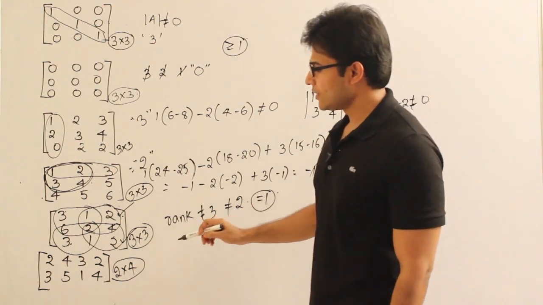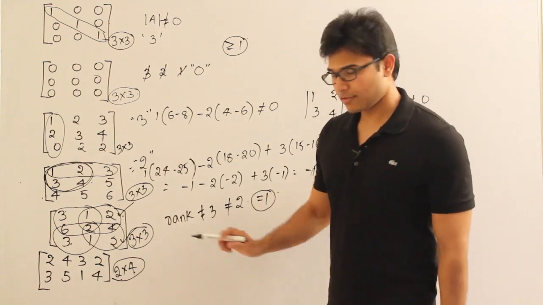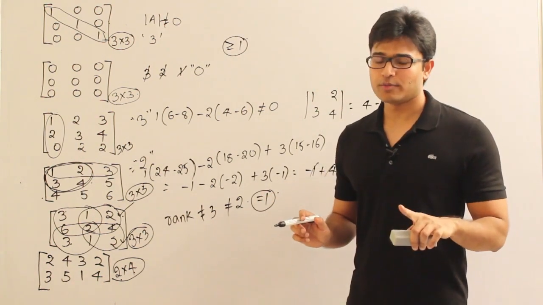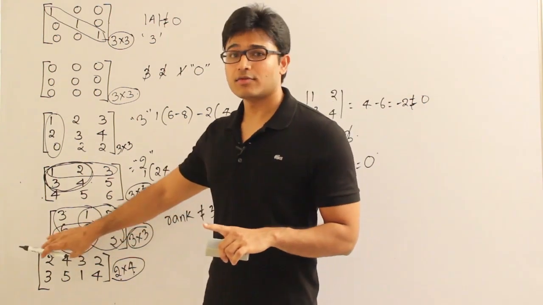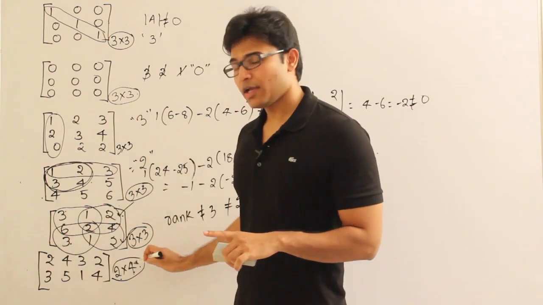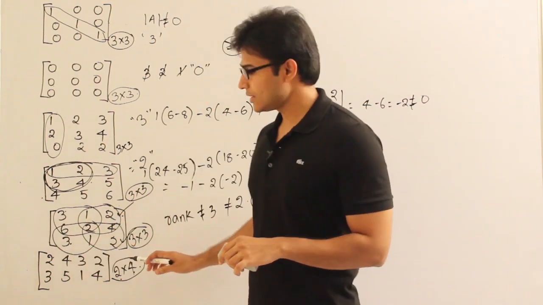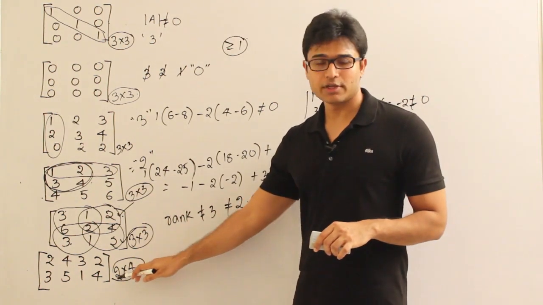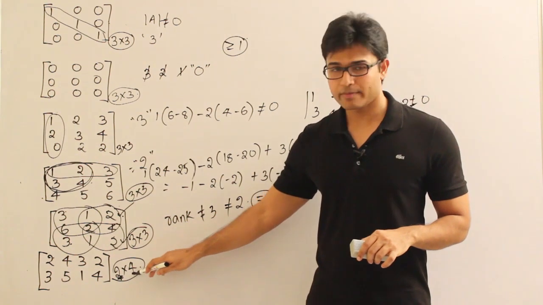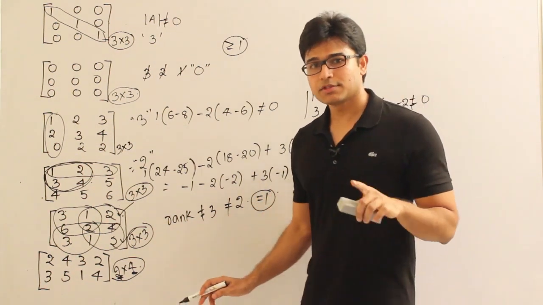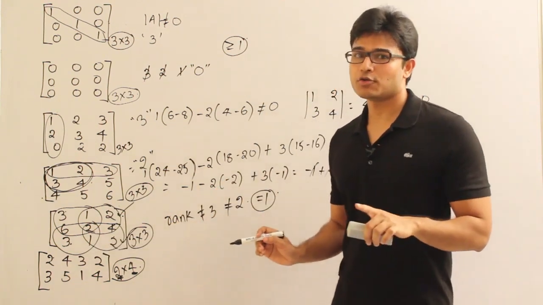If the size of the matrix itself is 2 by 4, the rank cannot be greater than 2, because there is no way there can be a 3 by 3 square submatrix inside this 2 by 4. If there has to be a 3 by 3 square submatrix, then the number of rows has to be 3, but the number of rows is restricted to 2. Therefore we cannot have a 3 by 3 or a 4 by 4 submatrix. Therefore the maximum square submatrix which can be present in this matrix is just a 2 by 2 matrix.